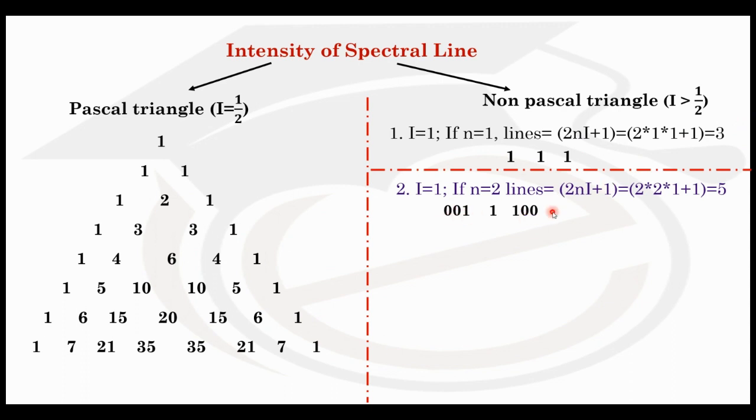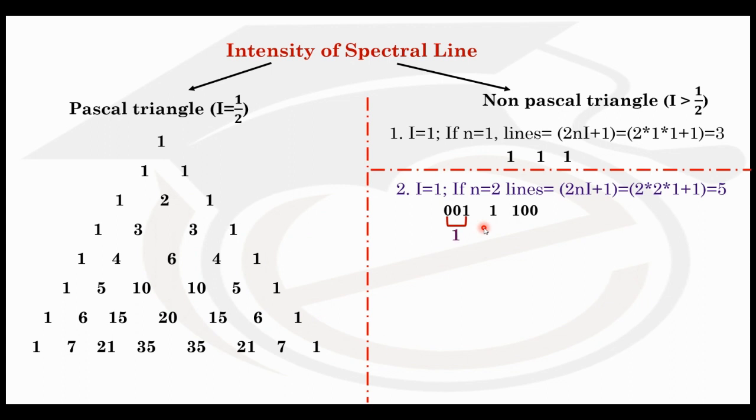Now we have to add this many numbers, that is, here 3 numbers we have to add. Then 0 plus 0 plus 1 is 1.